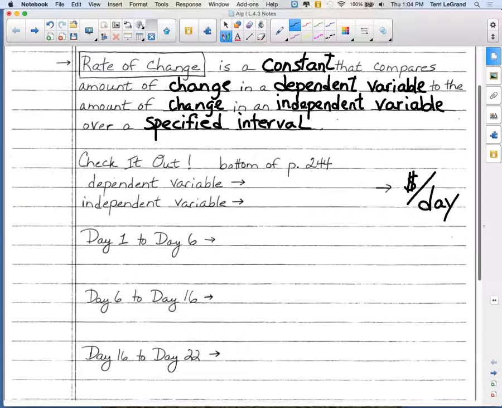The dollars are upstairs, so that's going to be our dependent variable, the balance that is in there. And the independent variable is going to be the day. So the number of days seems to control how much money is going to be in that balance.